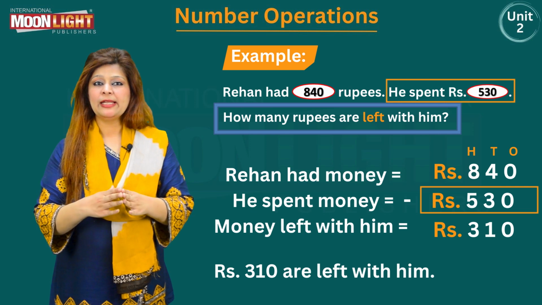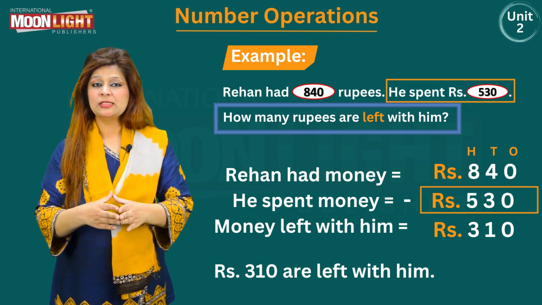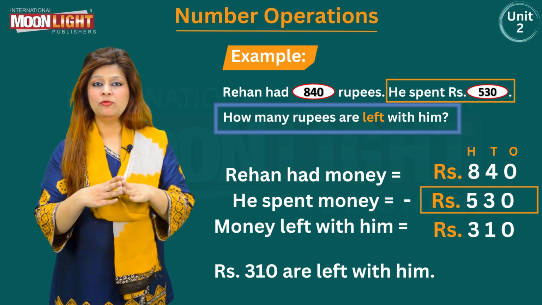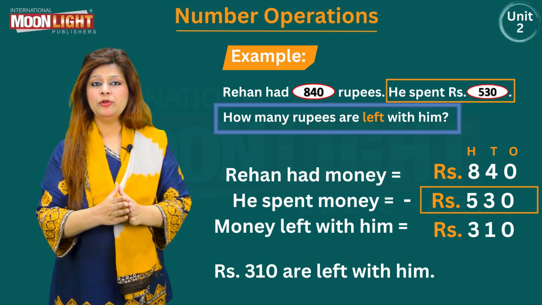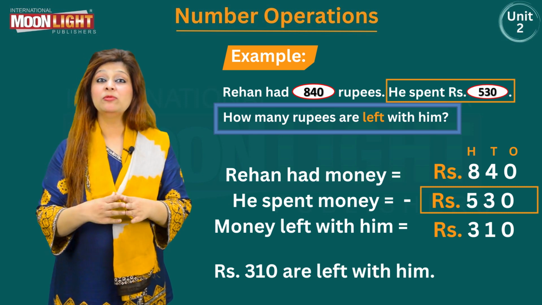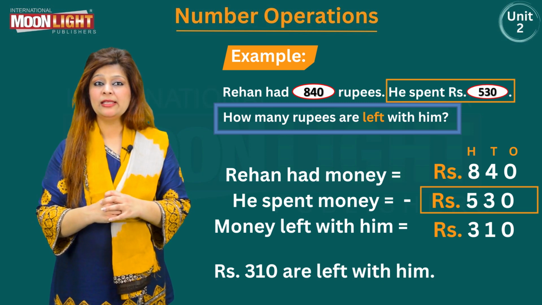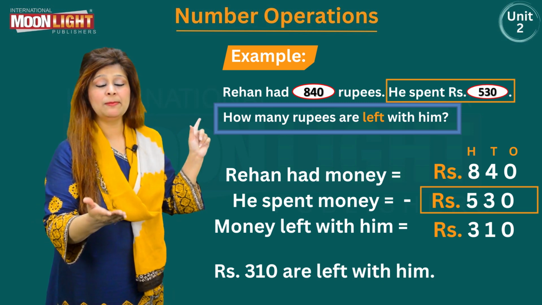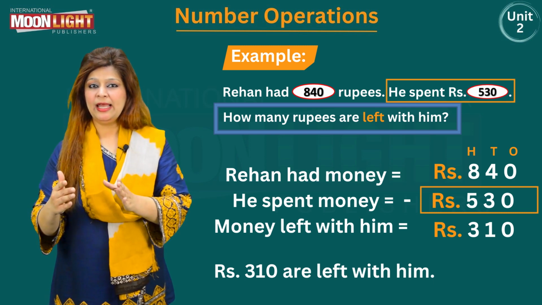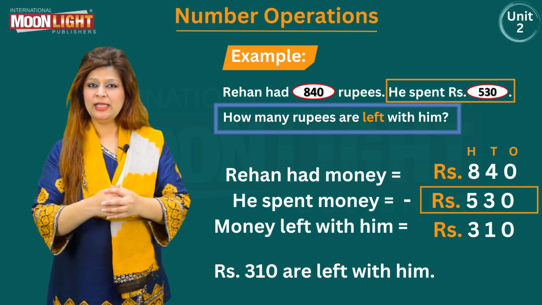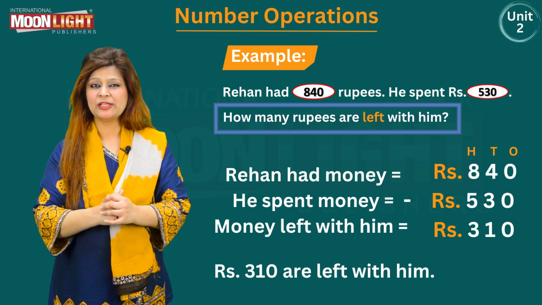Now I will write a subtraction sign because I have evaluated that this is a subtraction problem from the word left. Now I will draw a straight line and write down the third statement, which I will take from the question statement. There it is: how many rupees are left with him? So I will write it down as money left with him is equals to Rs. Now I need to do subtraction.